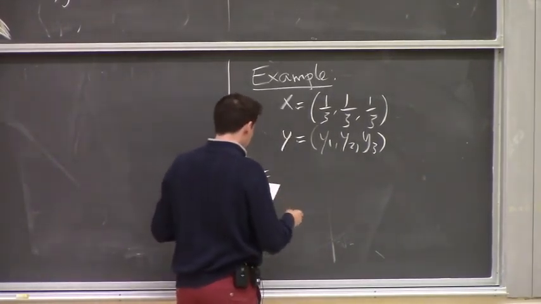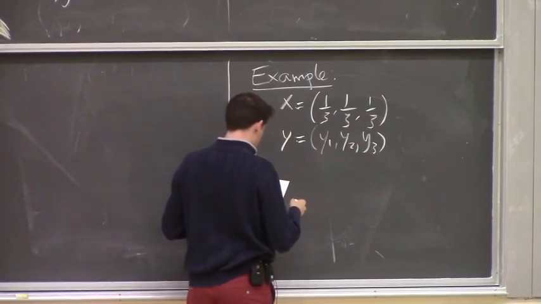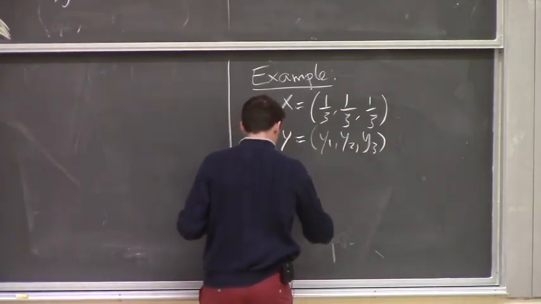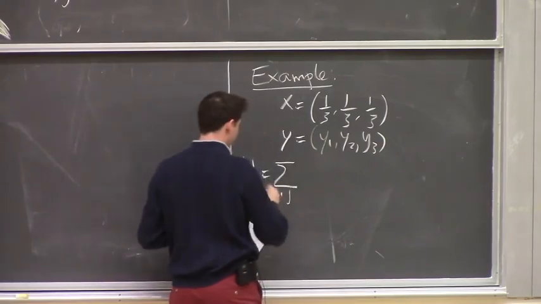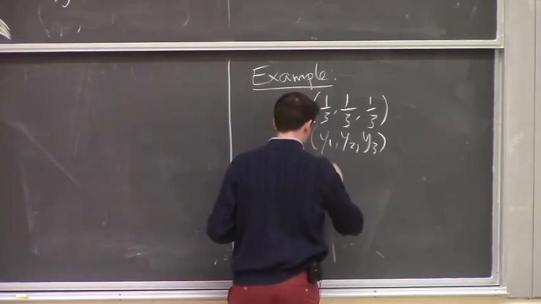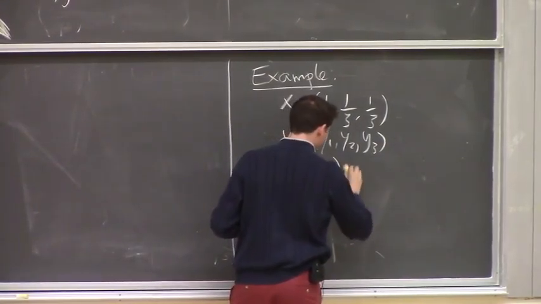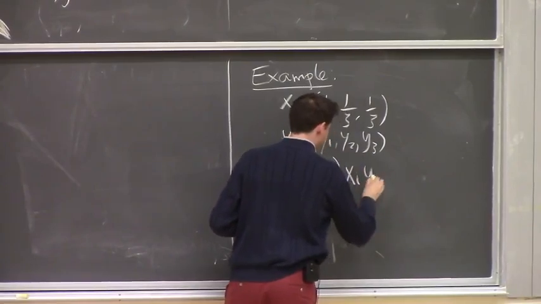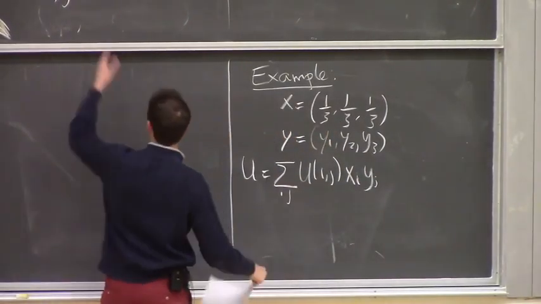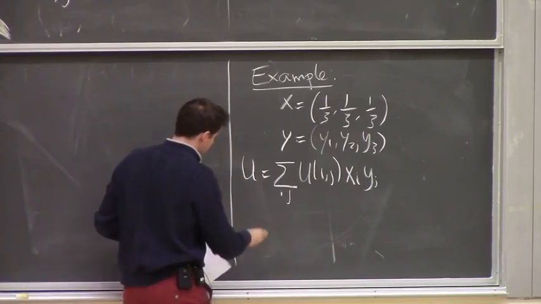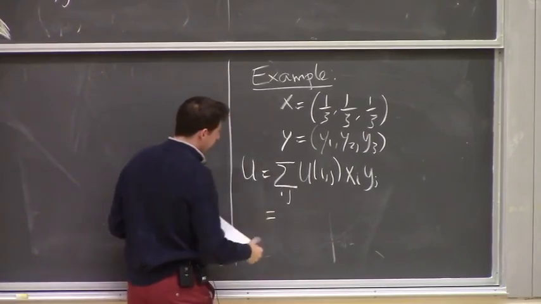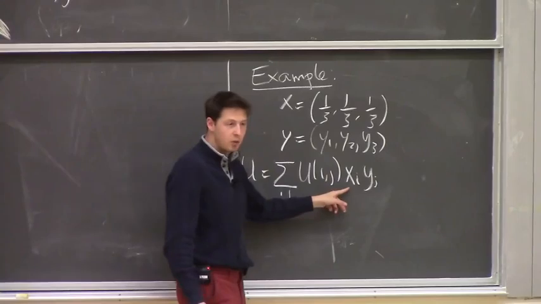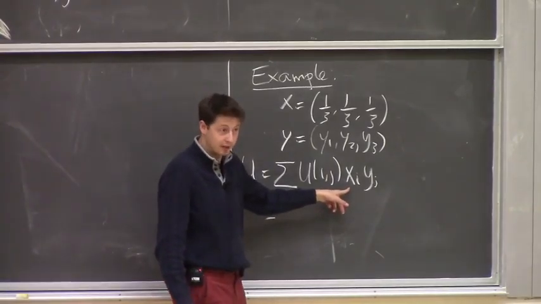The formula up there says that we should sum up things this way. So let's write it: the sum over i, j of u_ij, x_i, y_j. What I've done so far is just copying the definition. But notice that x_i equals a third for any value of i.